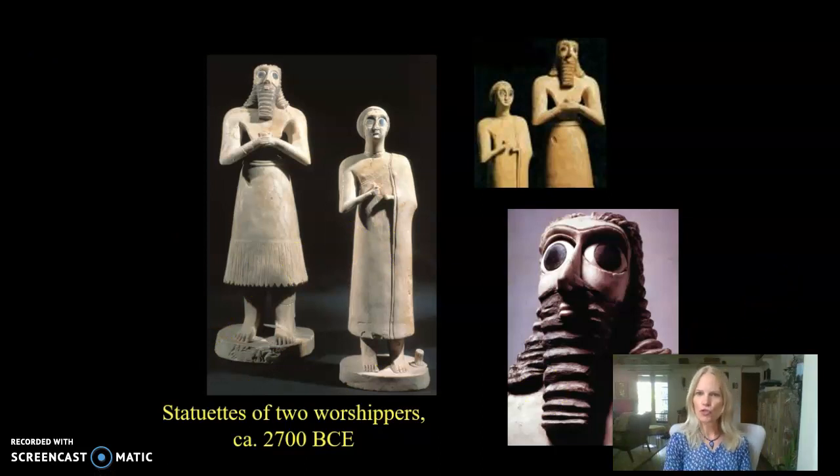Let me introduce you to statuettes of two worshipers dating from circa 2700 BCE. What you see are a larger image of a male and female statuette. This is a detail shot of those same statues and an enlarged shot of the face of the male example.